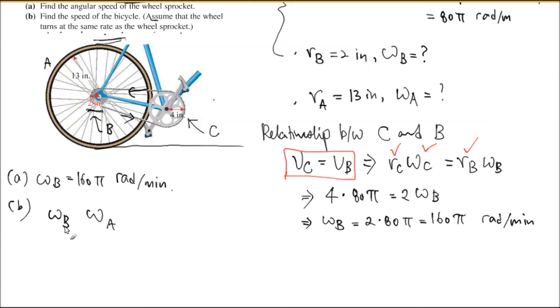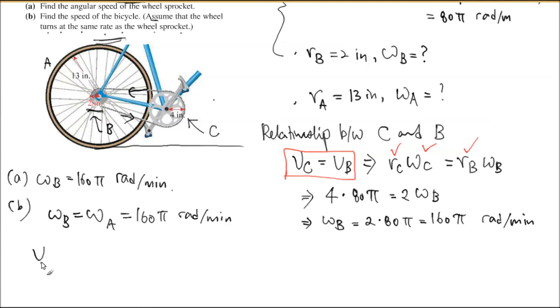No. They're stuck together. They're rotating at exactly the same angular speed. The disk, think about it, doesn't matter A or B, they're rotating exactly the same speed. Remember that? So what goes in between here? Equal symbol. This time it's not the linear speed that is the same, it's angular speed that is the same. Alright? But we already know omega B, right? What's omega B? 160 pi radian per minute. What is it asking? Find the speed of bicycle? How do you write it as a variable?